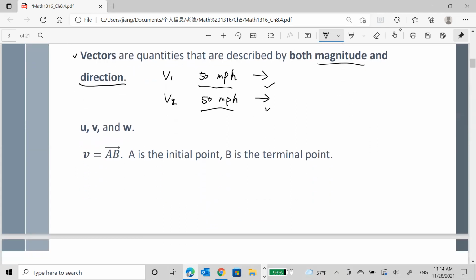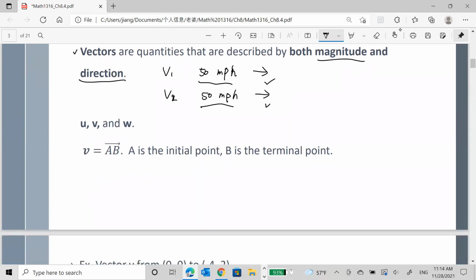Okay, let's move on to see the vector. We always use lowercase u, v, w, or some other lowercase letters like r to represent the vectors. So the vector v can also be represented as AB. A is the initial point, B is the terminal point.